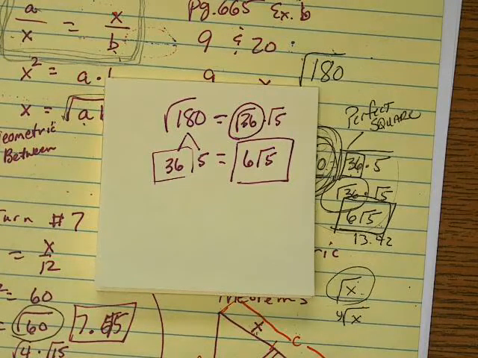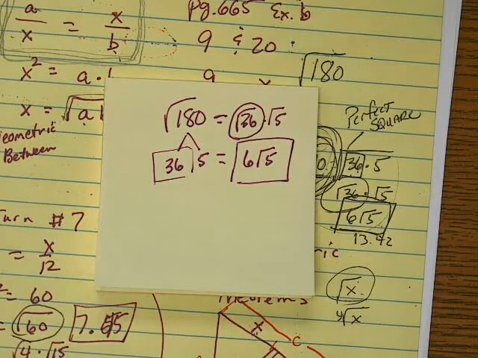Now, I'm not going to require you to know how to simplify a radical. I've already said that. Meaning, if you put the square root of 180 into the calculator and a decimal comes up, that's acceptable for an answer. But it is a good thing to think through.